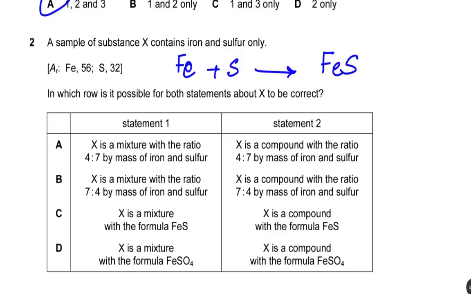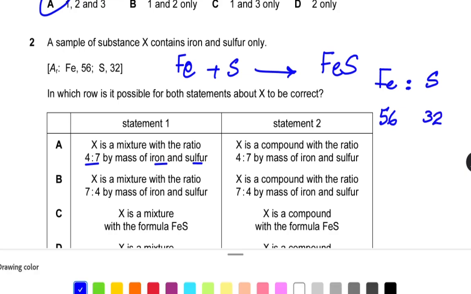The first option is X is a mixture with the ratio 4:7 by mass of iron and sulfur, and X is a compound with the ratio 4:7 by mass of iron and sulfur. Another option: X is a mixture with ratio 7:4. First of all, we will check the ratios, then we will move on. Iron has the atomic mass 56, whereas sulfur has the atomic mass 32.